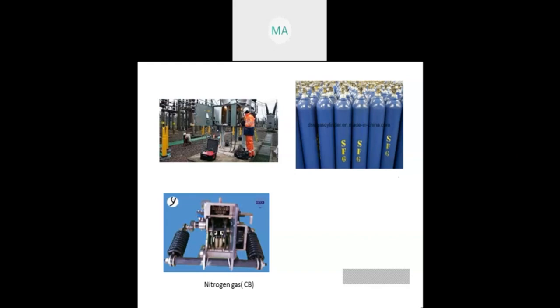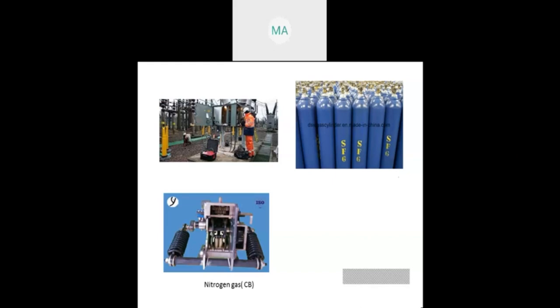Sir, a gas insulated substation also has this system. GIS substations are also there in Hyderabad. You are all aware of Koti, right? In the Koti area, from Koti to Narayanguda, there is Shantinagar, Shanti theater.